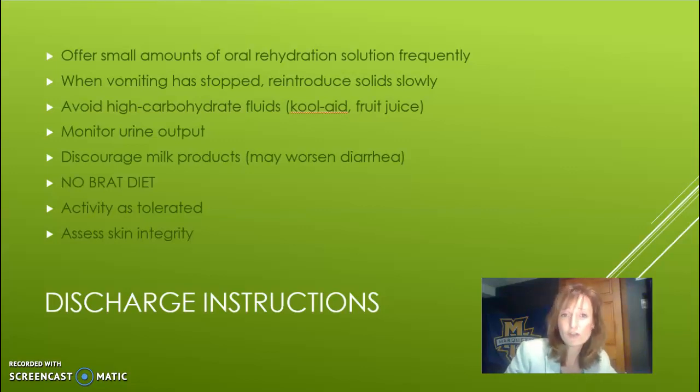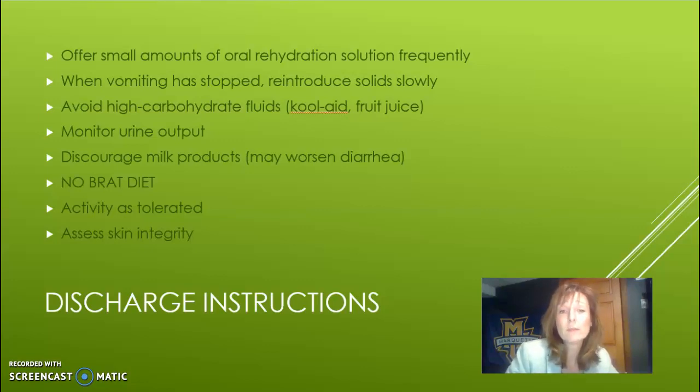So what discharge instructions are we going to give to the parents of a child with gastroenteritis or vomiting and diarrhea? We want to tell the family to offer small amounts of oral rehydration solution frequently. When the vomiting has stopped, then you reintroduce those solids slowly. Since this child has been hospitalized, the vomiting has stopped, but sometimes vomiting can recur.